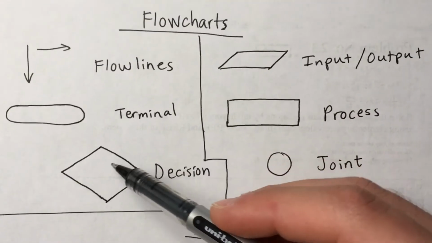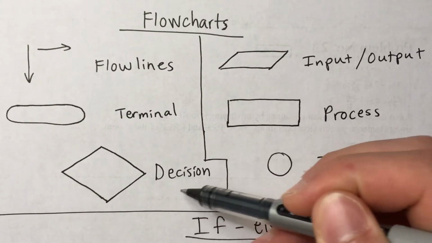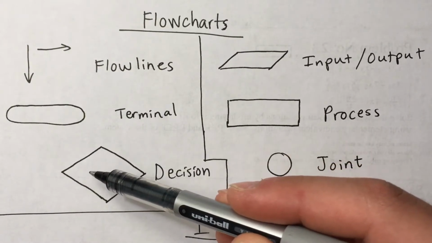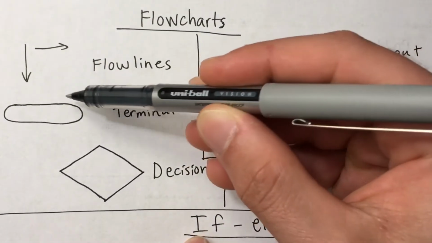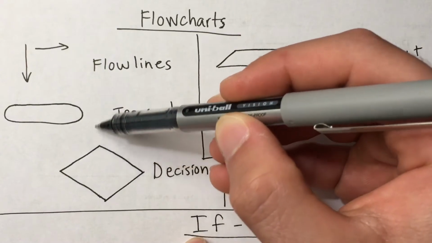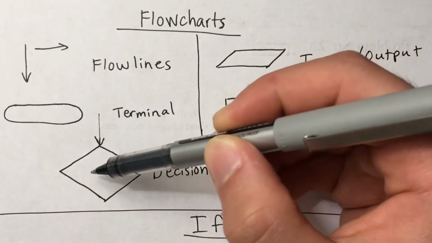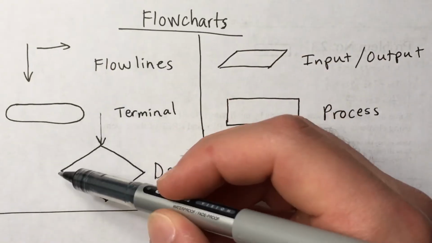And then you have this diamond-looking shape, and it means a decision. Let's say we have the starting point up here, and then you have an input inside this expression, and based on whether it's true or false, it would go that way.